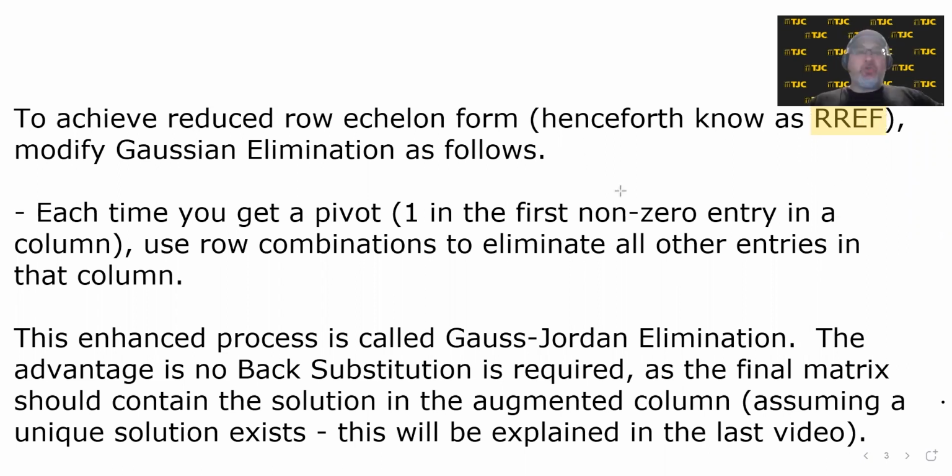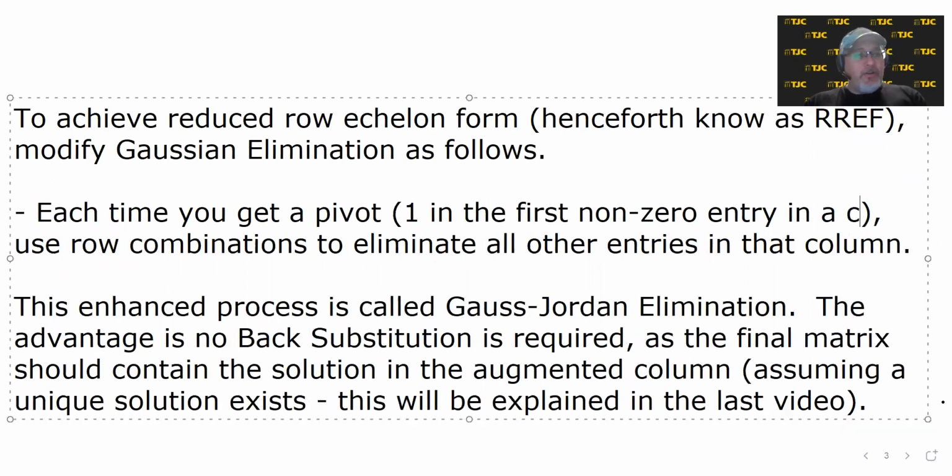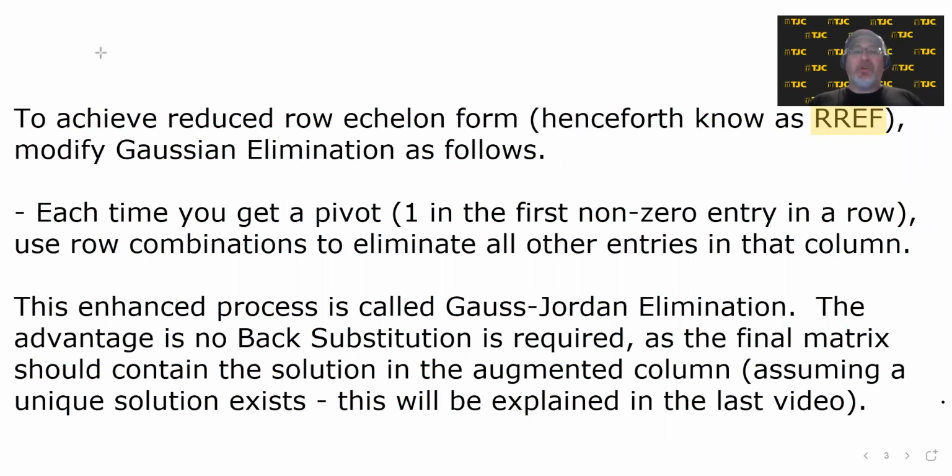To achieve reduced row echelon form, modify Gaussian elimination as follows. Each time you get a pivot, a 1 in the first non-zero entry in a row, use row combinations to eliminate all other entries in that column.